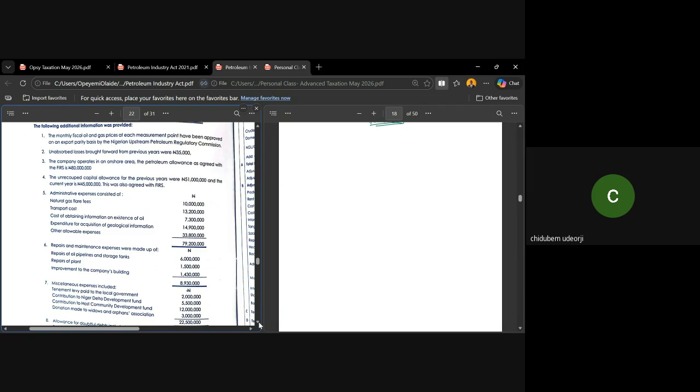Number six, repairs and maintenance expense: repairs of pipeline, repairs of plant, improvement of capital building, which should be capitalized. Miscellaneous expense included tenement levy paid to local government, contribution to NDCC, contribution to host community, donation to widows and other association.